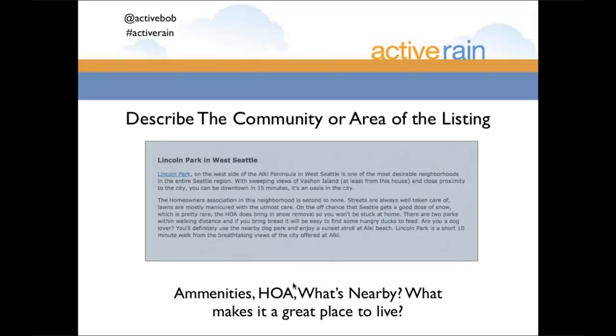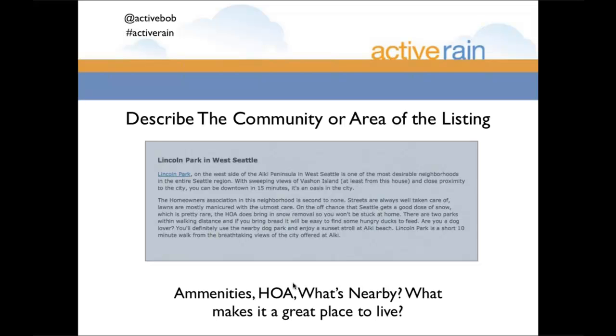Okay, so the next portion is I want you to describe the community or the area of the listing. Okay, and so in Seattle, Seattle's kind of weird. Well, not weird. You have Seattle, and then we've got all these communities of Seattle. West Seattle, Wallingford, you got Green Lake, and then even within those, you've got specific areas of those.